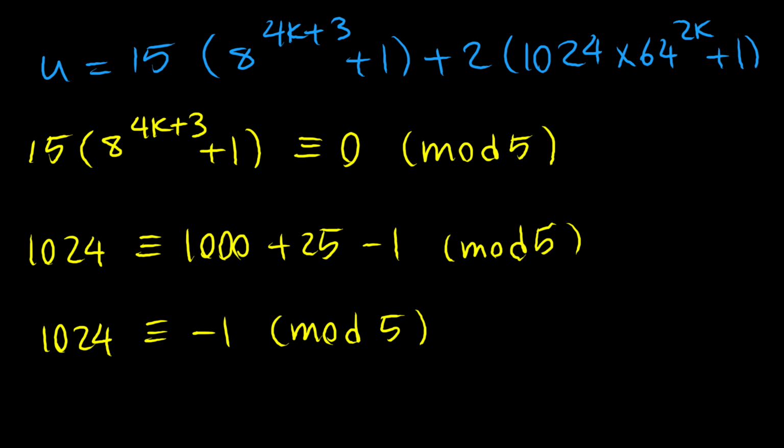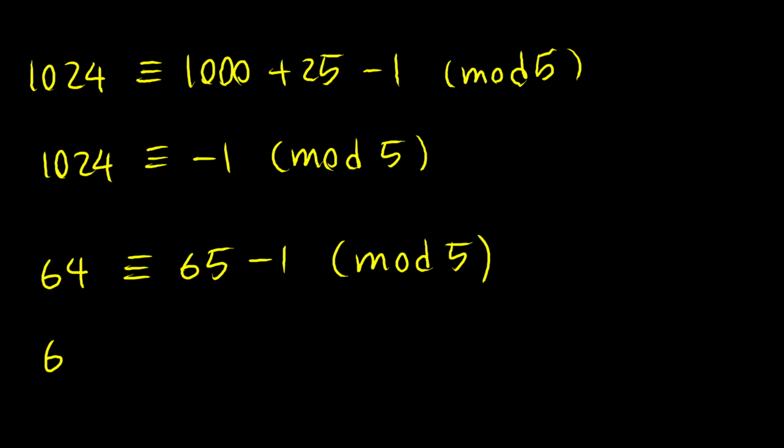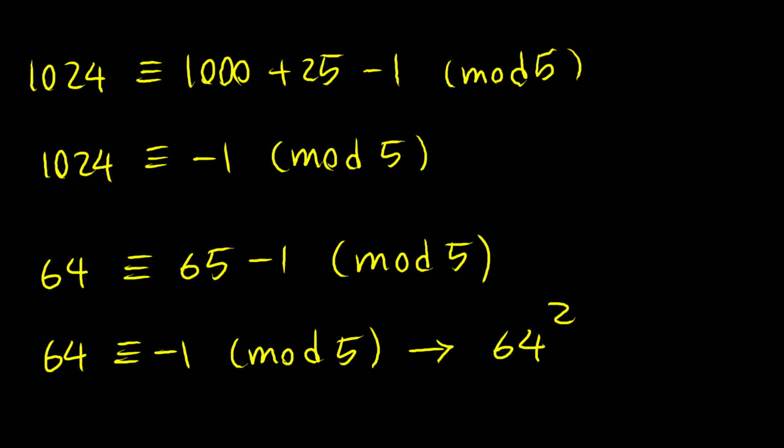And I can say that 64 is congruent to 65 minus 1 mod 5, which means that 64 is congruent to negative 1 mod 5, which means that 64 to the power of 2k is congruent to 1 mod 5.